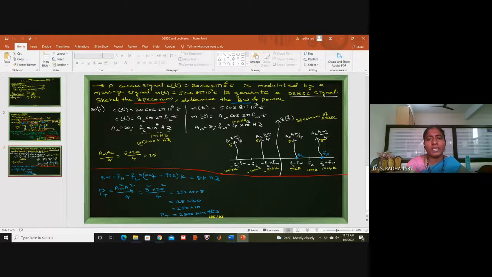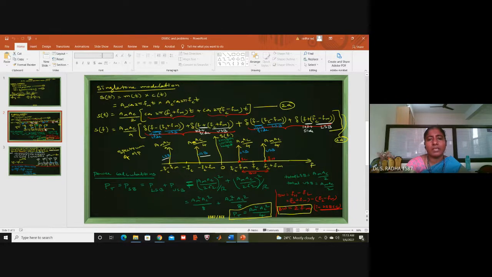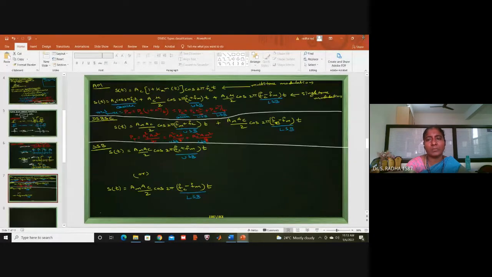The heights will be Ac Am/4, Ac Am/4. This is the DSBSC total power, Ac² Am²/4. Because we have an upper sideband and a lower sideband, it is Ac² Am²/8 each. These are the lower sideband and upper sideband powers in DSBSC.